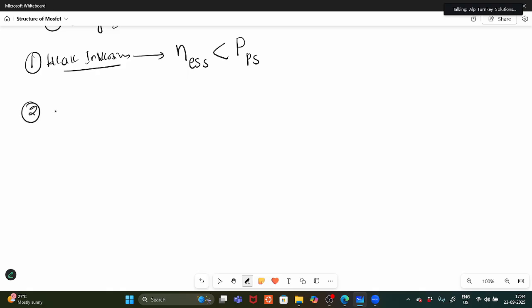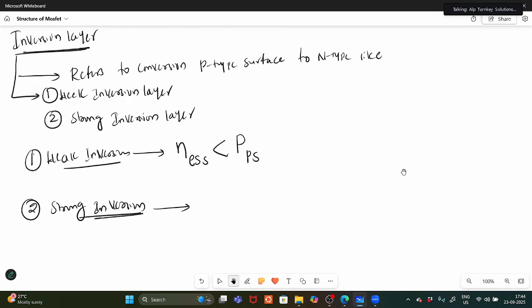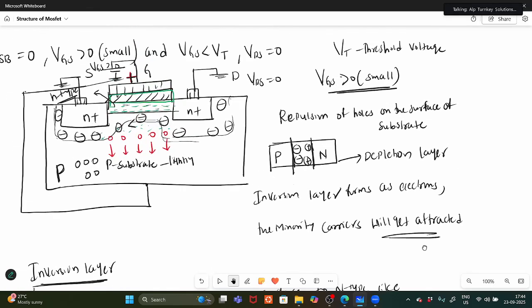Okay, and next, strong inversion layer. What happens here? Here you are applying VGS, negative with respect to source, and positive with respect to gate. What are the majority carriers in N plus?